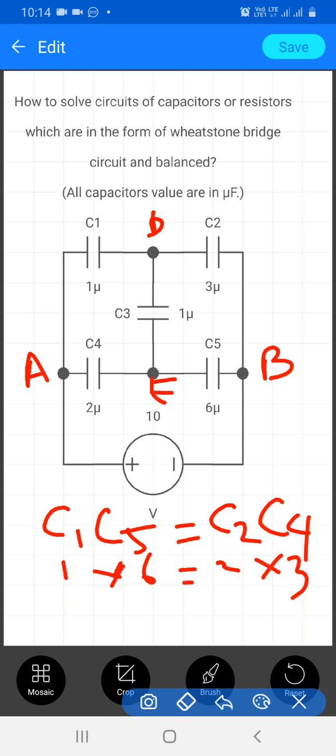Therefore, here in the branch C3 no charge will flow and C3 will be open circuited.